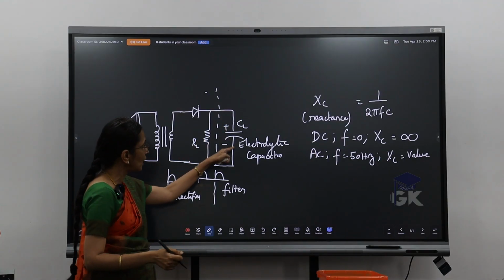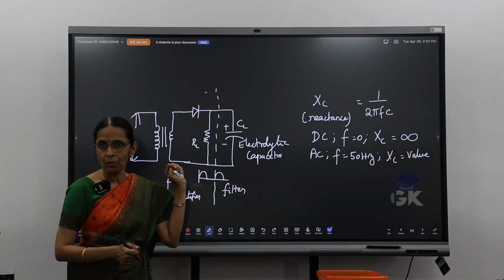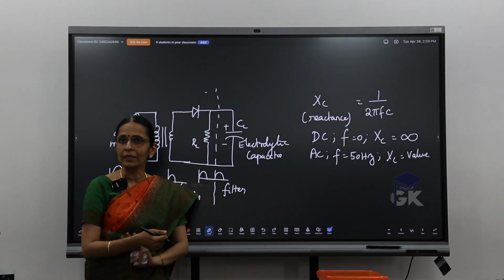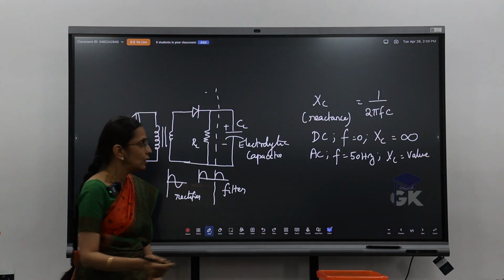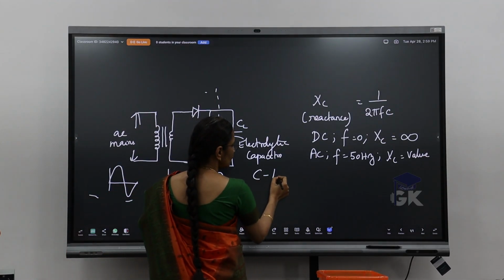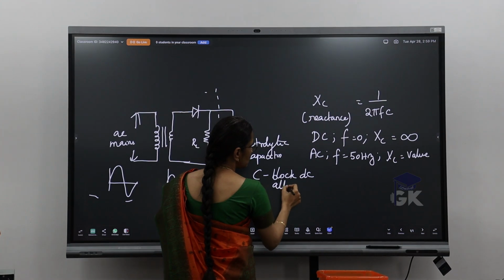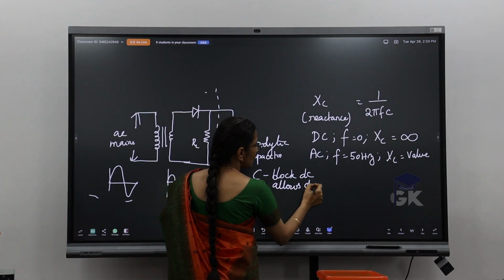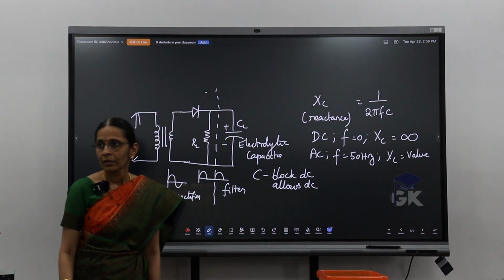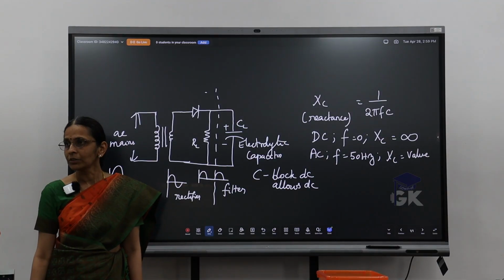So the AC signal passes through this to the ground, whereas DC will be completely blocked. So your C blocks DC, whereas it is going to allow the AC. Blocks your DC and allows your AC.